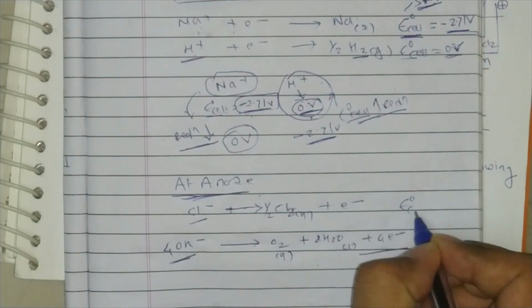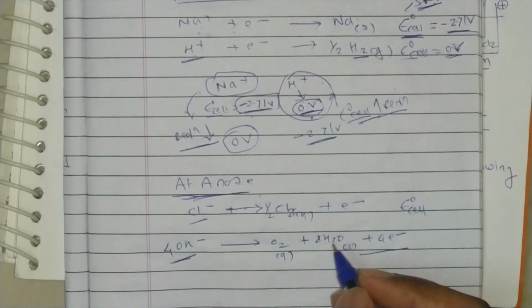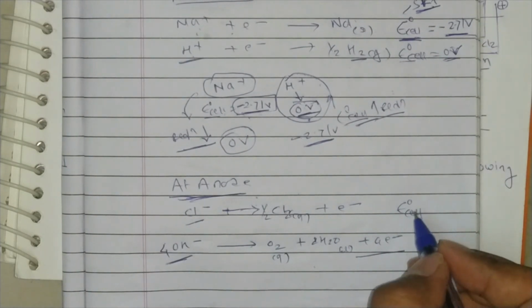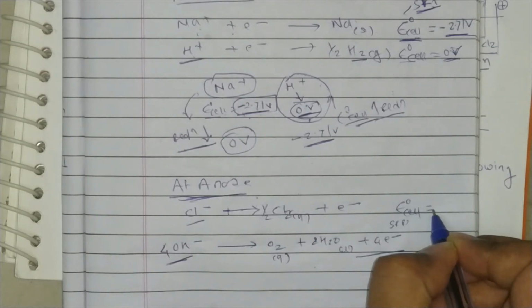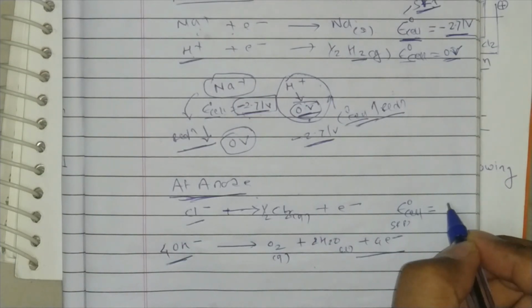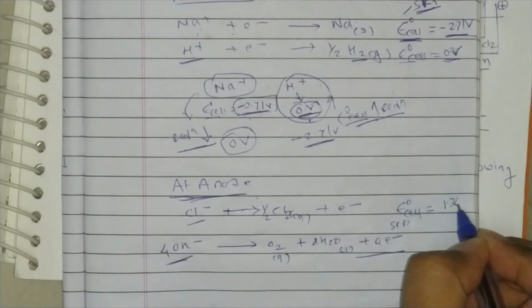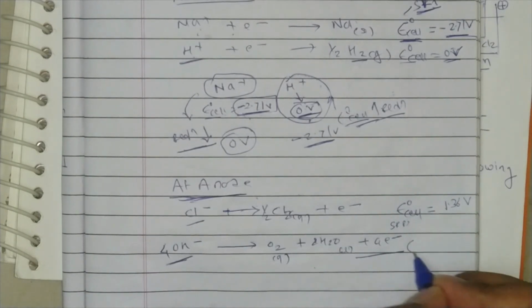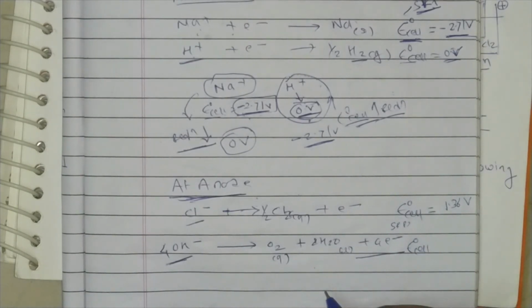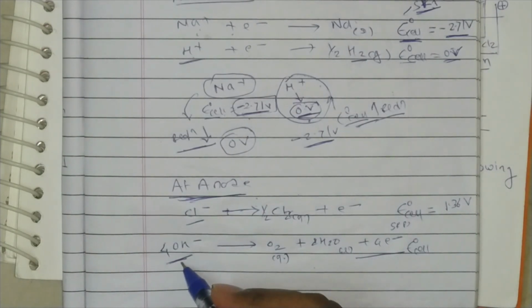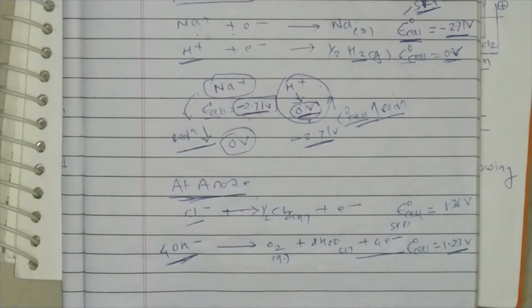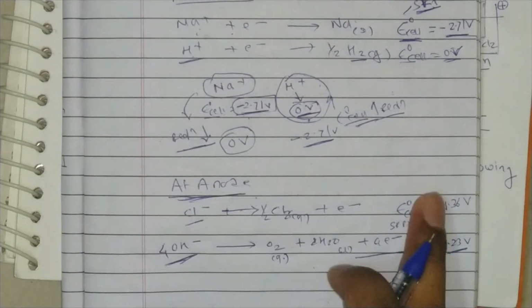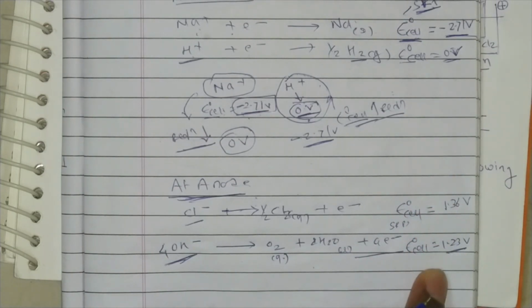So E naught of this half reaction, the oxidation reaction, which is nothing but the standard reduction potential, is equal to 1.36 volt, whereas the standard reduction potential for the formation of O2, or oxidation of the OH minus ion, is equal to 1.23 volt. How much? 1.23 volt. So this is 1.36 and this is 1.23 volt.